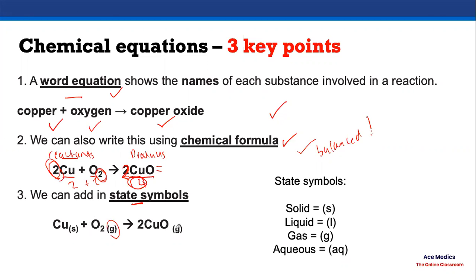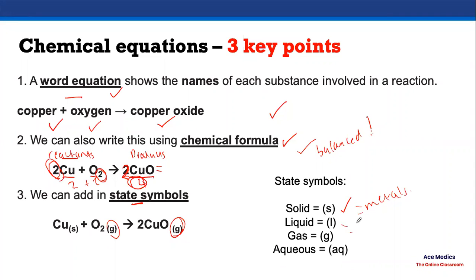And when we form copper oxide, the end product will be a solid too. There are several different state symbols that you need to keep in mind. Solid, so things like metals will be solid. But bear in mind, metals can also be liquid as well. But in most cases they will be solid.